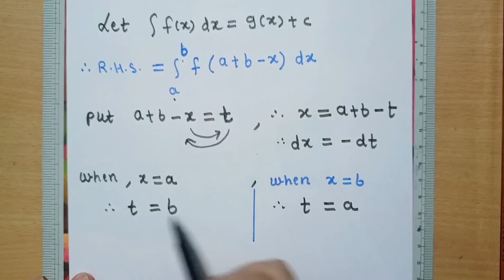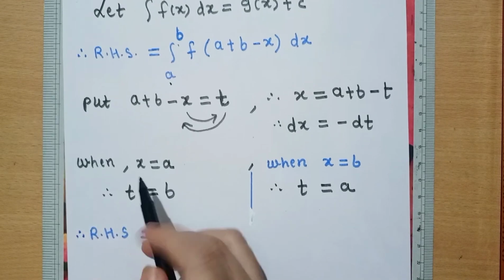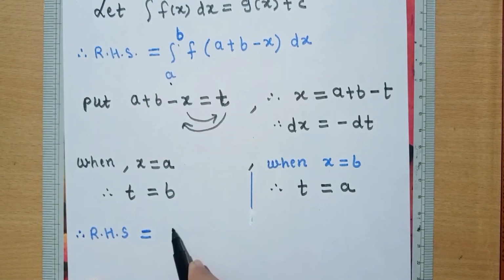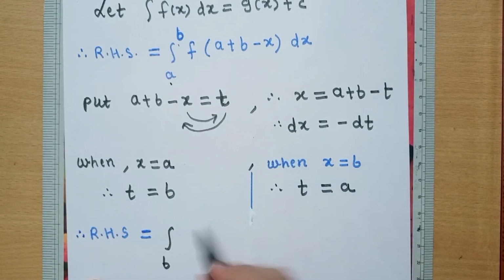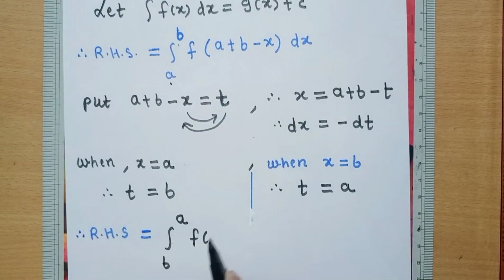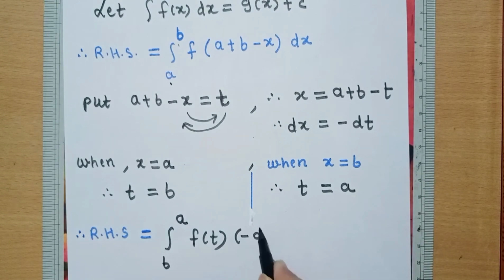And we will substitute these four things here. So RHS equals, look here, when x = a, t = b, so here we will substitute first b, and when x = b, t = a, so here a, and then f(t) here, and dx is minus dt.